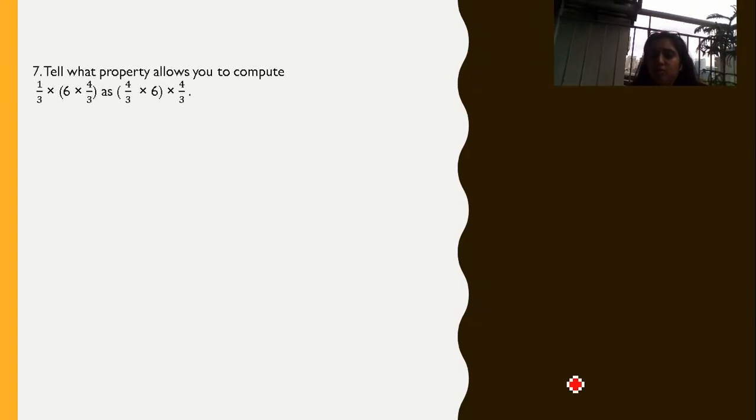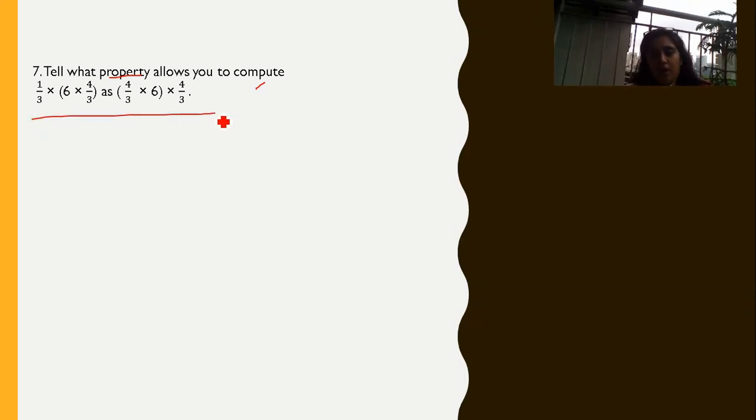Now we will do the seventh part, and in the seventh part we have to tell the property which allows us to compute. Means we have to tell which property we can use in this question to find the value of this expression. So here we will assume a, b and c.